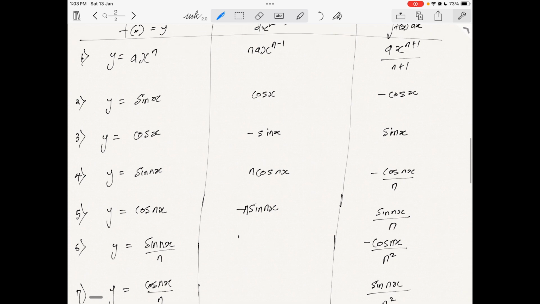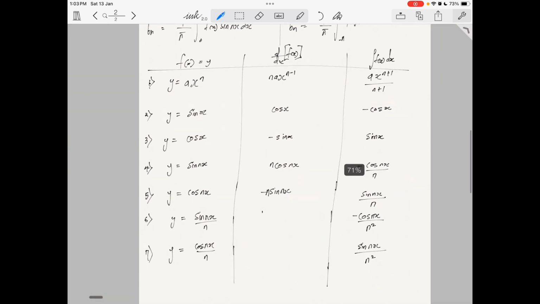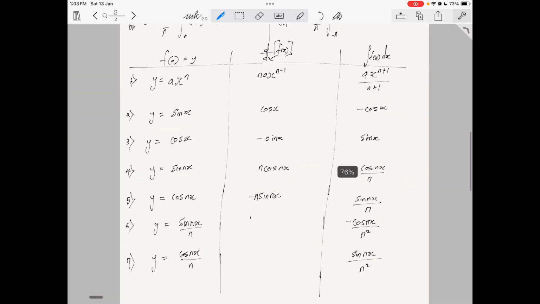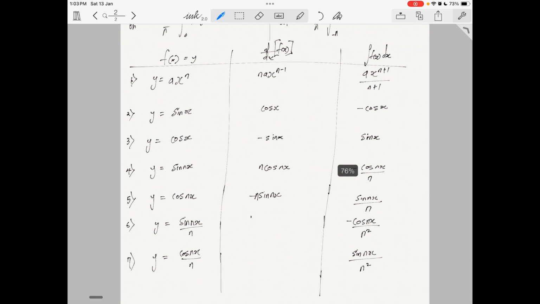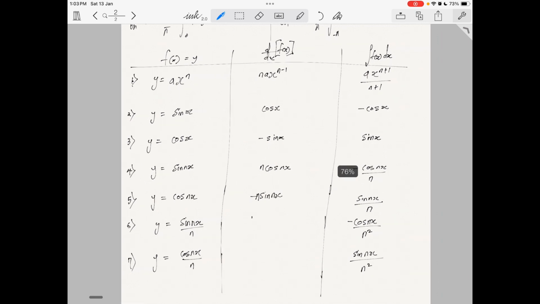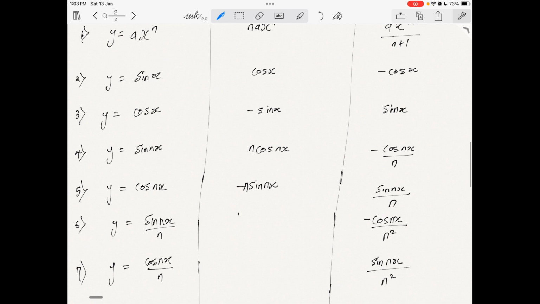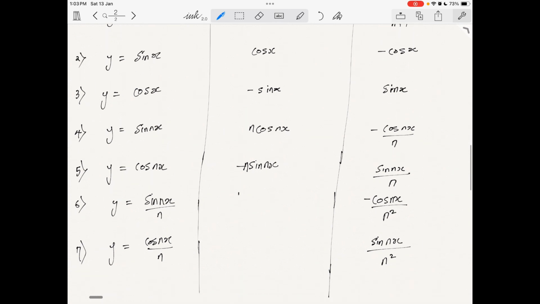Now, this table will be very useful when we deal with Fourier series, because we will focus more on the integration of sine x, cos x, sine nx, cos nx, sine nx over n, cos nx over n.